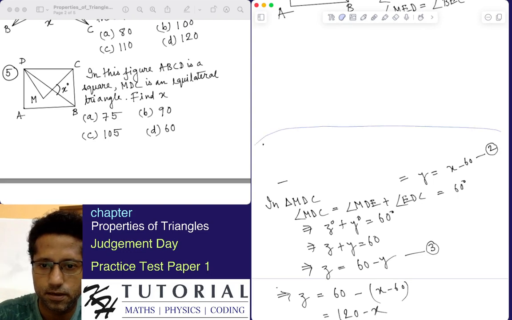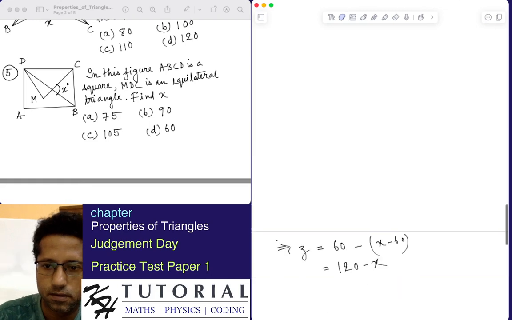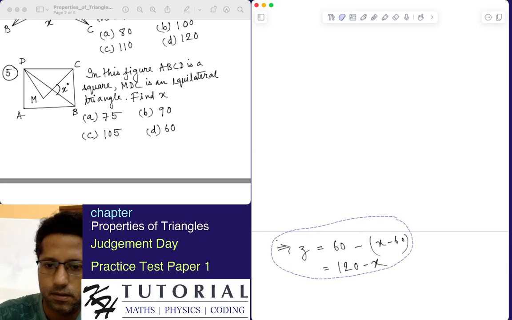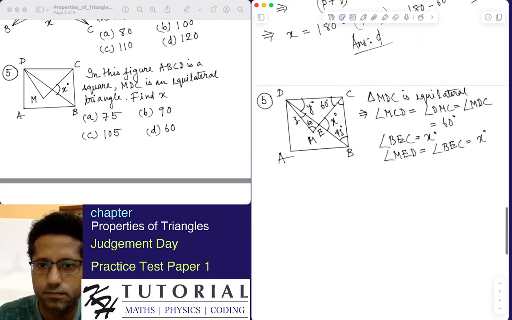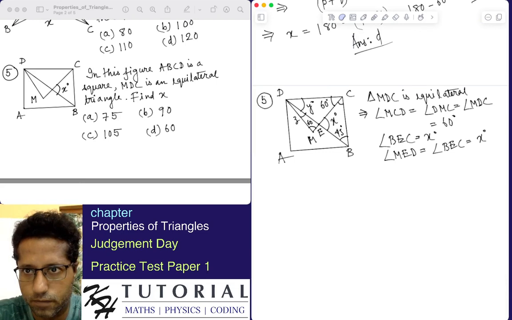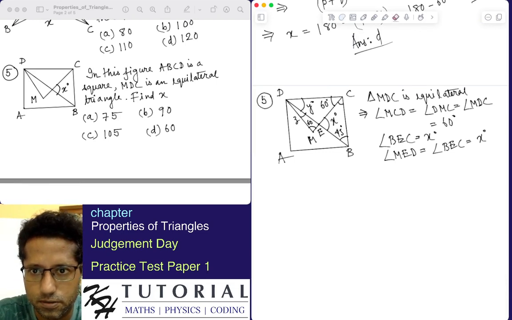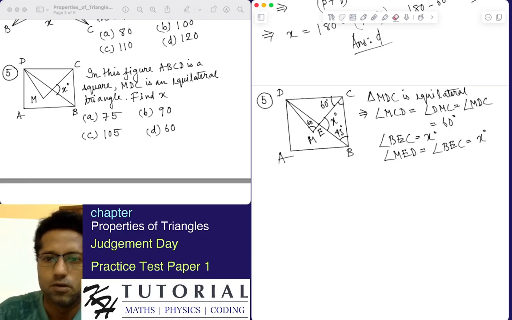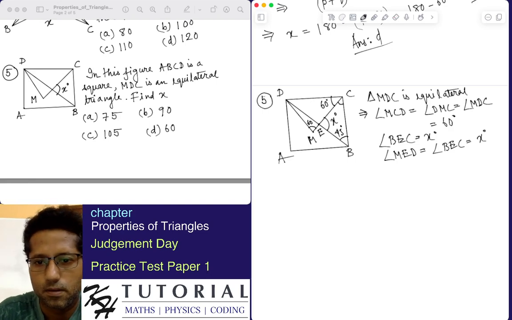Sorry for wasting time. It was super easy actually. We just have to use the fact that it is a square. So we need not at all consider all these angles. Let's rub. ABCD is a square.